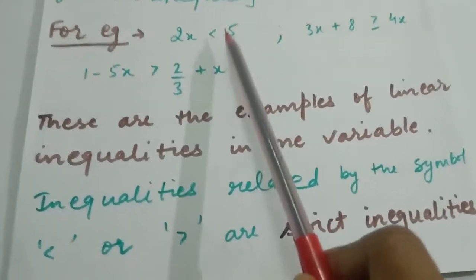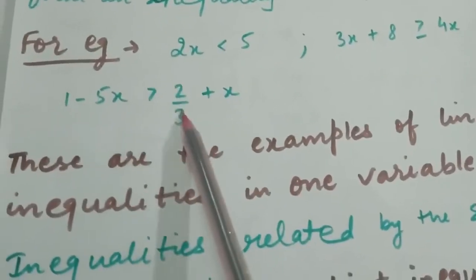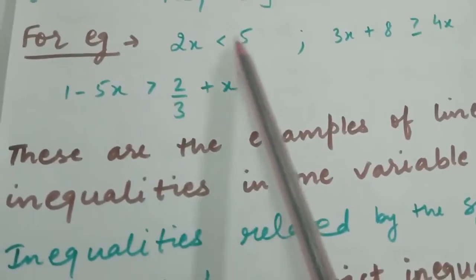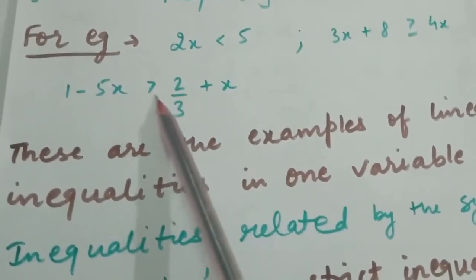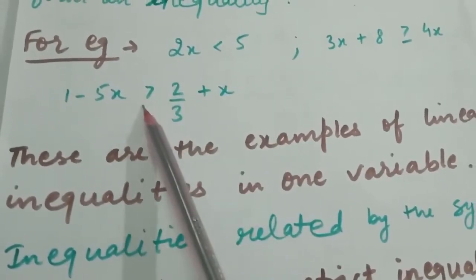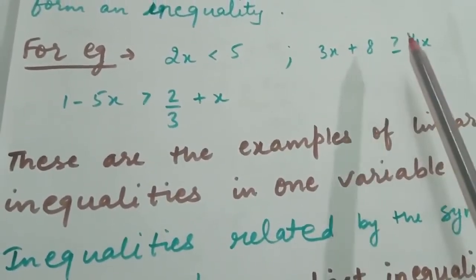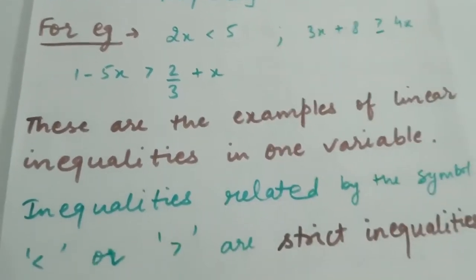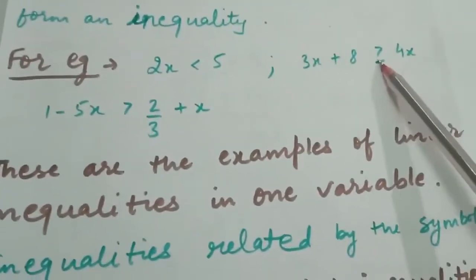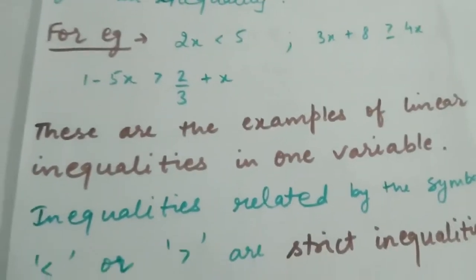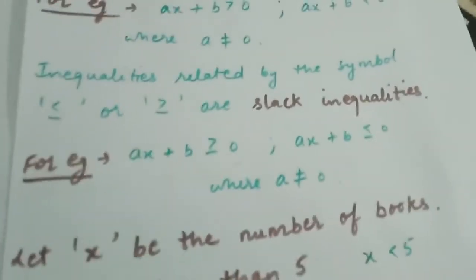For example, this inequality and this inequality are strict inequalities because they use either the less than or greater than symbol. Such inequalities will not be called strict inequalities. Why? Because here equality is also there. So let us see what such inequalities will be called.